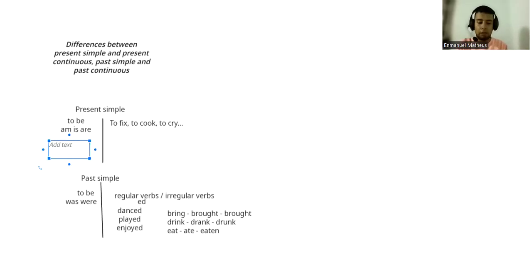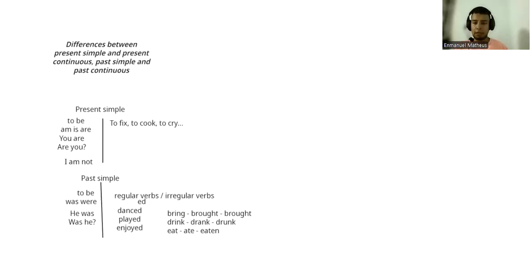Instead of saying he was, we could ask, was he? Well, this is for creating questions. But if we want to make a negative, remember we use not after the verb to be. For example, I am not, and in the past it's the same, but using was or were: he was not.